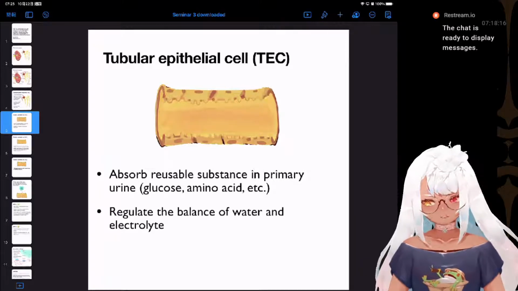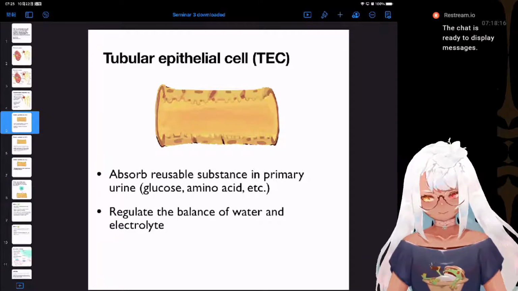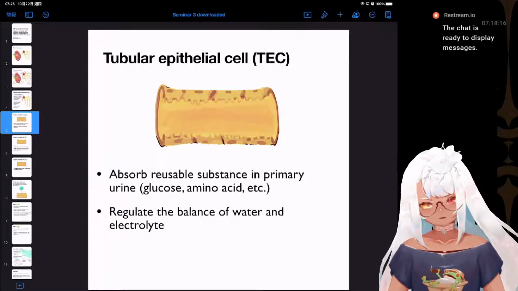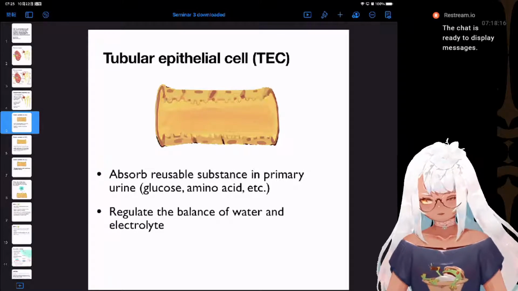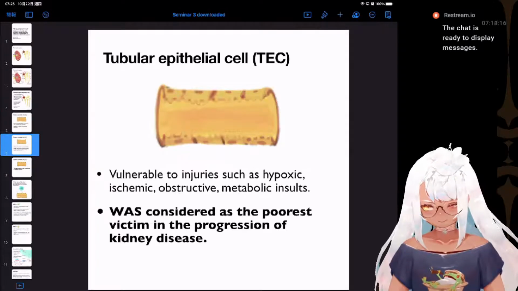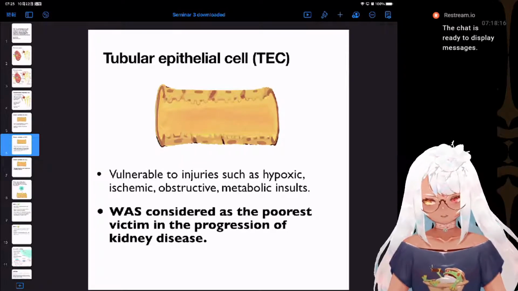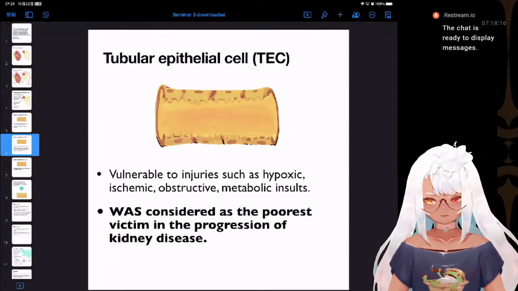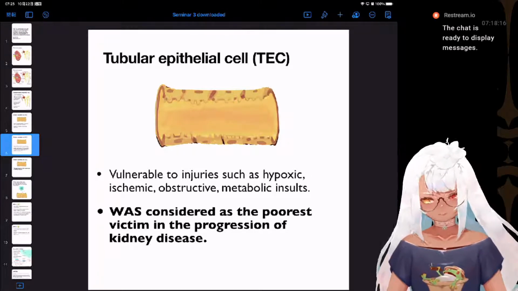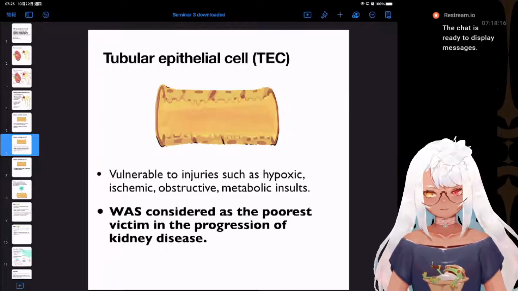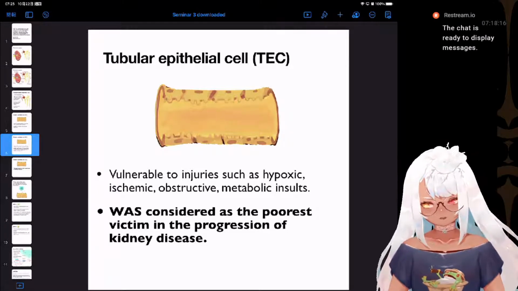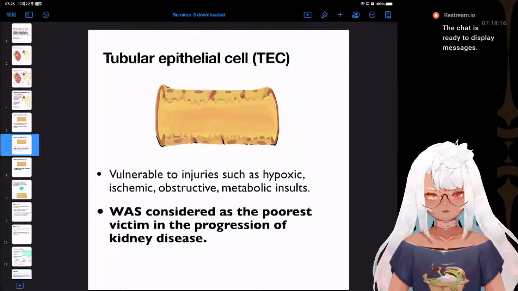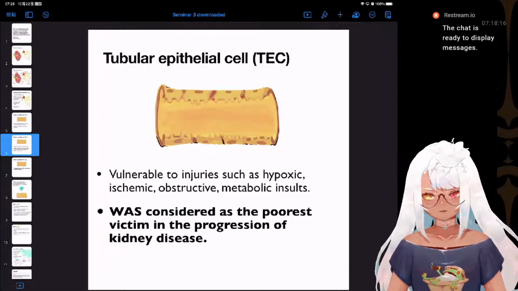It absorbs the reusable substances in the primary urine like glucose and amino acid, etc., and regulates the balance of water and electrolytes. The tubular epithelial cell, however, is very weak. It's vulnerable to injuries such as hypoxic, ischemic, obstructive, and metabolic insults. And due to this, it was considered the poorest victim in the progression of kidney disease.